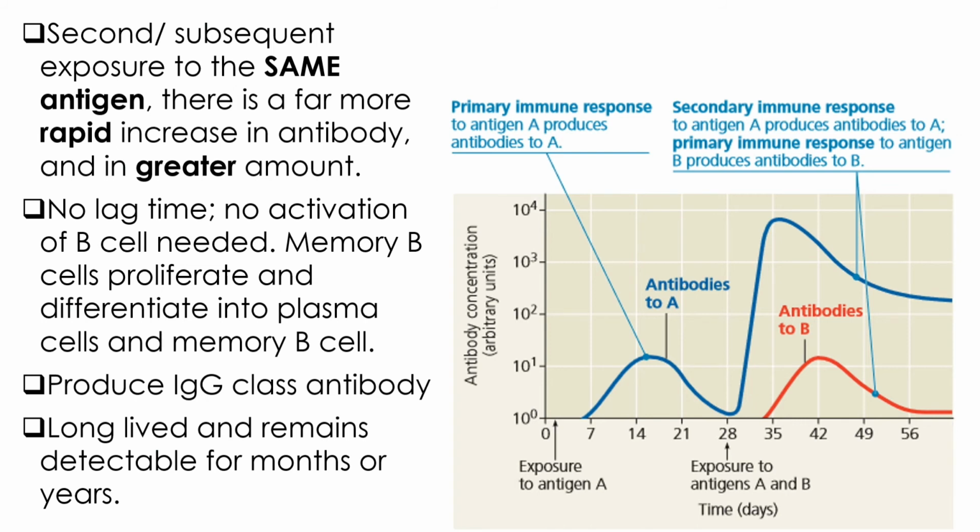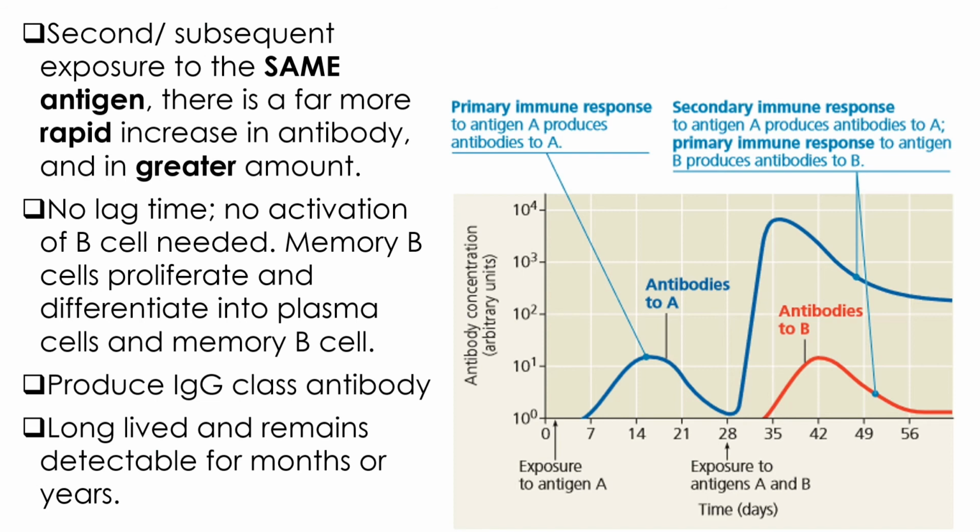This shows that there is no lag time, which is not surprising since the immune system was already activated during the previous encounter with the antigen. Antigen A can directly stimulate memory B cell to proliferate and differentiate into plasma cell and more memory B cell. These memory B cells are the ones produced during the primary immune response.